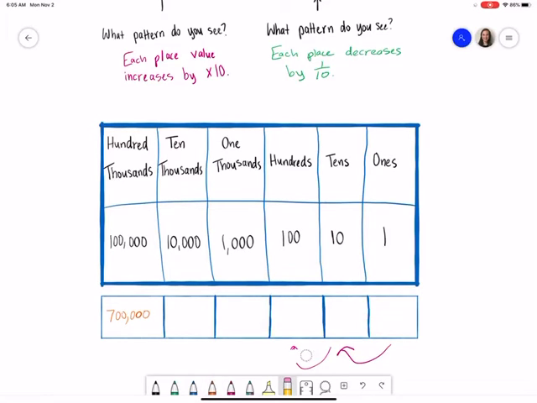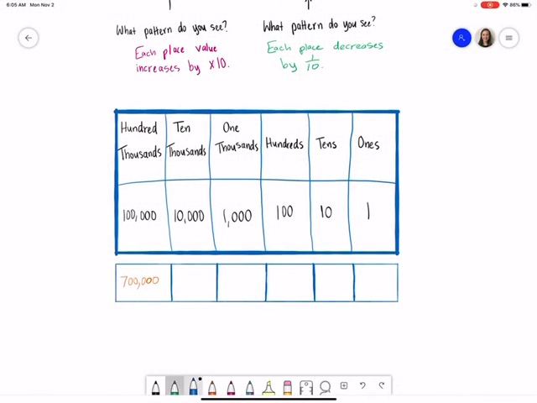And this time, instead of moving up, instead of increasing, I want to decrease by a place value. So I'm going to move in this direction. 700,000. How can I move down a place value to the 10,000s place? Well, I'm going to say that this is just 1/10 of the 700,000. So it's going to be 70,000.